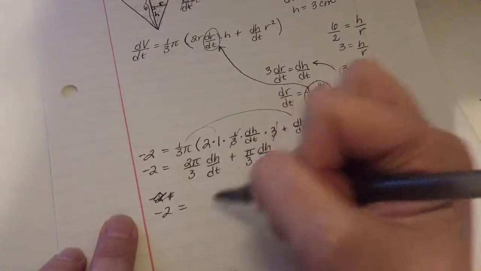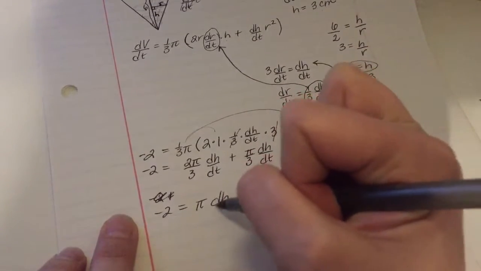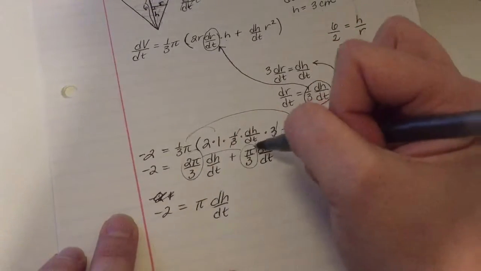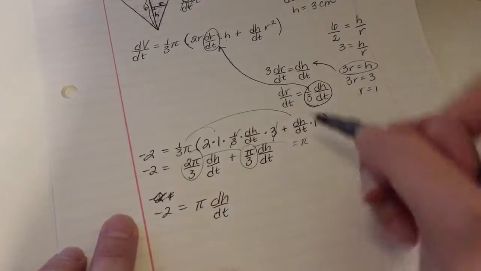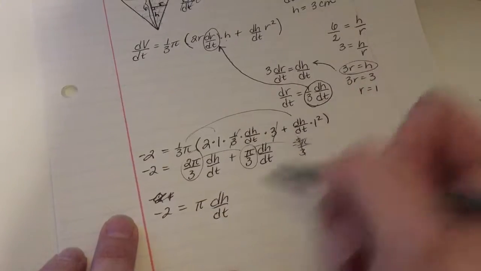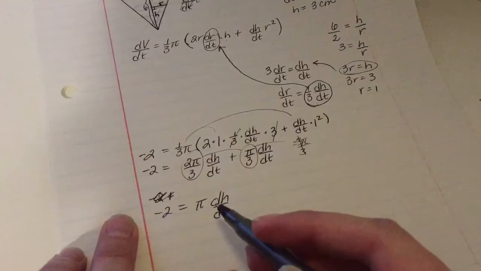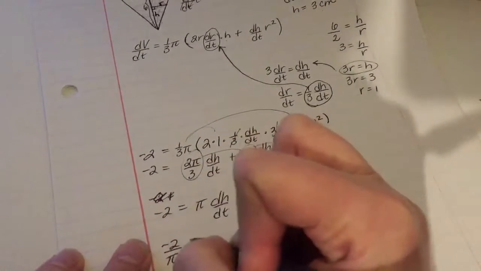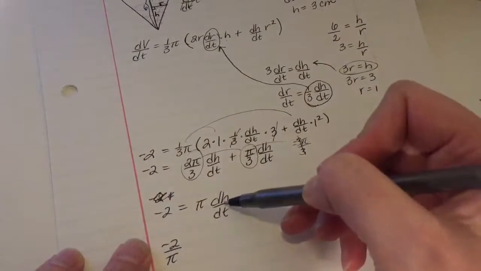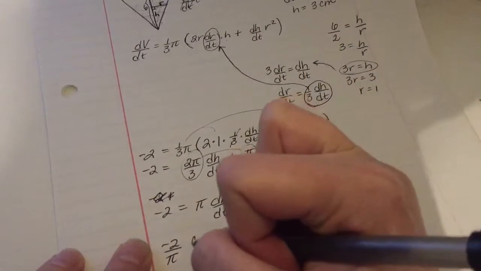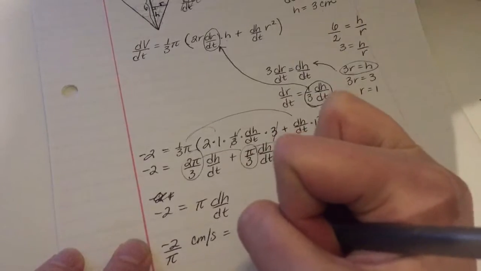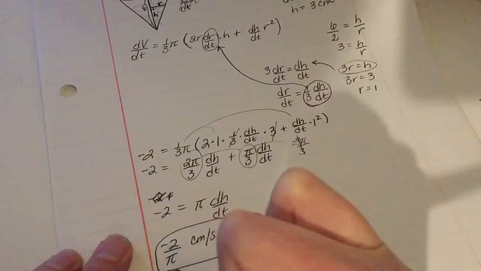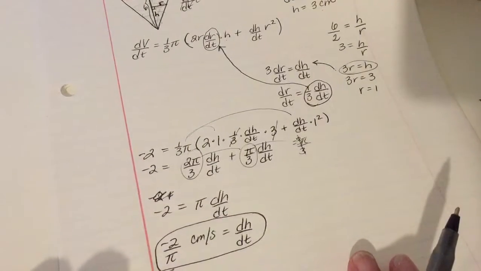I just added those together. 2 pi over 3 plus pi over 3 equals 3 pi over 3, which is pi. Okay, so then pi dh/dt equals -2, so dh/dt is -2 over pi, and since it's height, it'd be centimeters per second. All right, and that's how you do it.